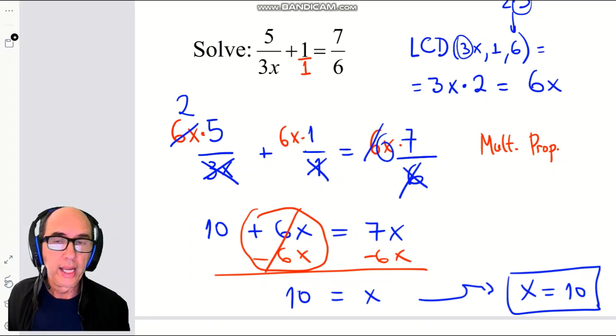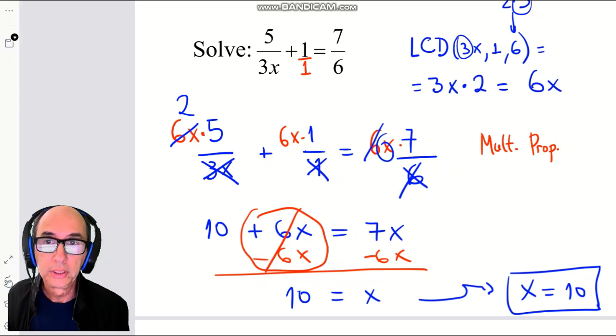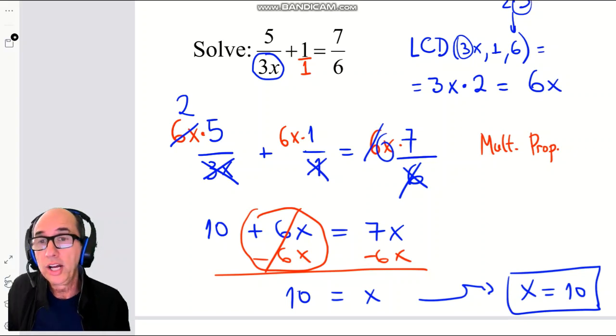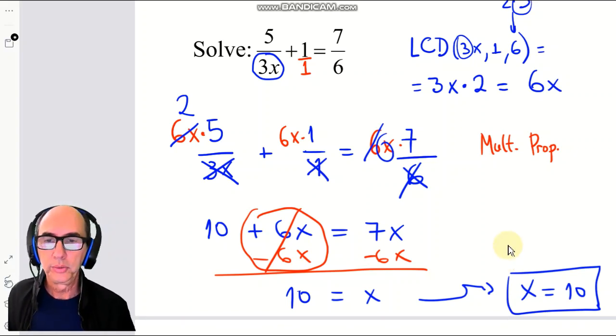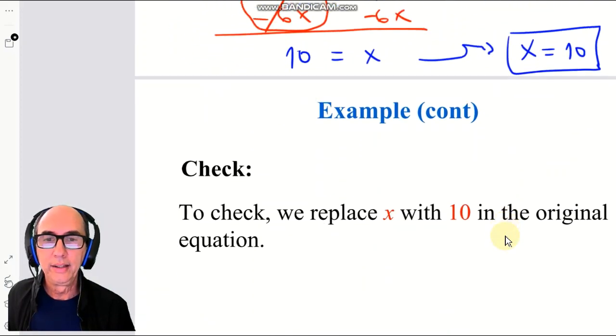When you're checking an equation that has rational expressions, remember, we cannot have 0 on the denominator. If you have an expression with variables, you cannot have 0 on the denominator, or you're going to have a situation where the value is undefined.